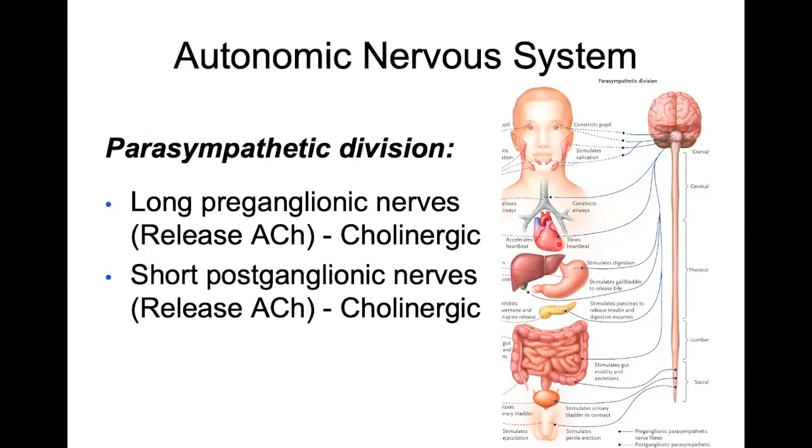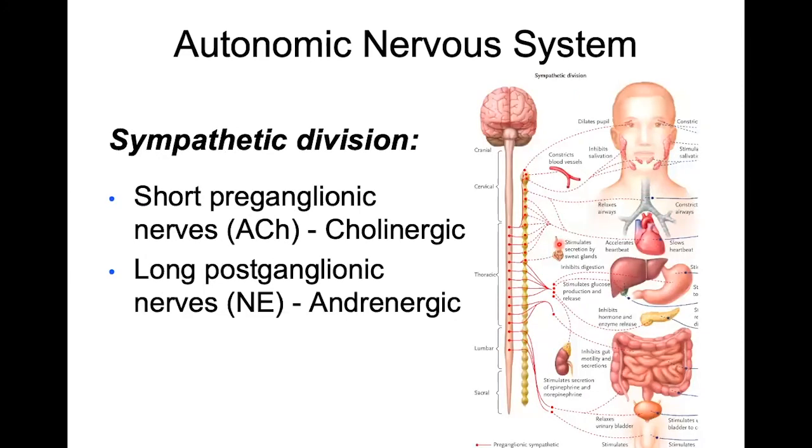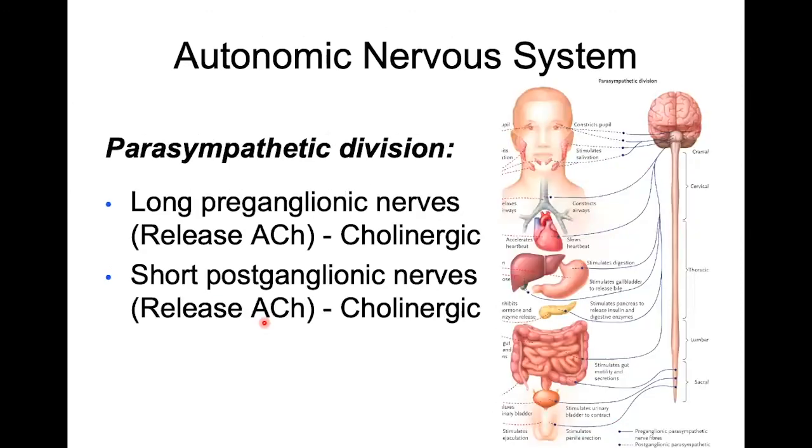When we take a look, though, at the postganglionic nerves, the postganglionic nerves in the sympathetic division are ultimately going to release norepinephrine onto those target effectors. And in contrast, the parasympathetic, which is known as our rest and digest division, those postganglionic nerves are going to release acetylcholine onto the target tissues.